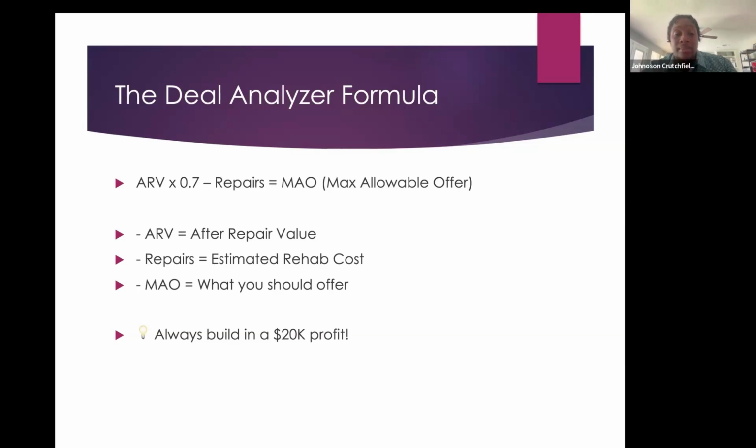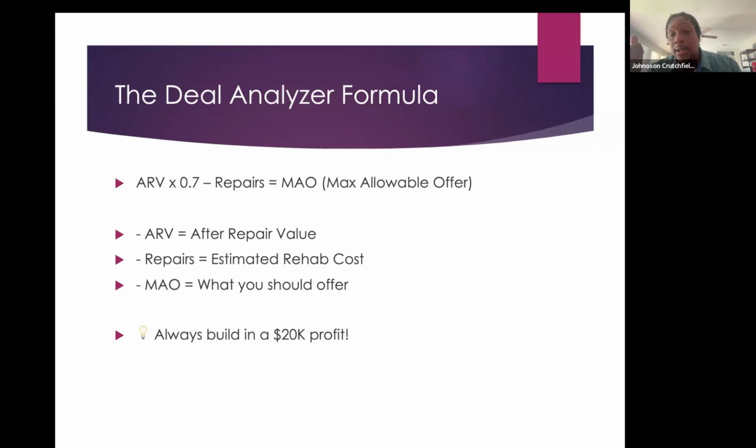So it's better to estimate repairs higher. That's going to give you what you should offer. And what you should offer is going to seem low to you. If what you're offering seems low to you, you're headed in the right direction. Thumbs up. If what you're offering seems fair for the property, that's a different strategy than what we teach.